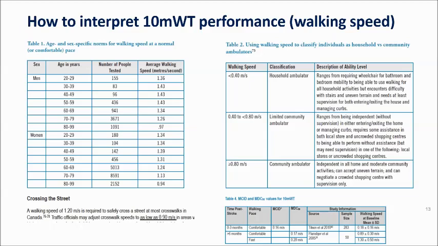And then in Table 2 on the right, we presented Jacqueline Perry's classification of people as household or community ambulators based on walking speed. And then finally at the bottom, we had summarized estimates of minimal detectable change and minimal clinically important difference from the literature for the 10-meter walk test.